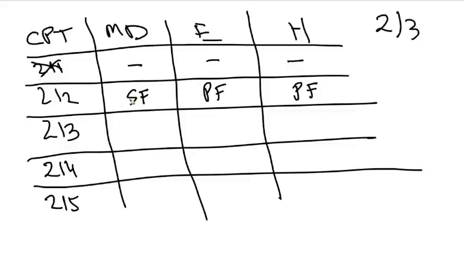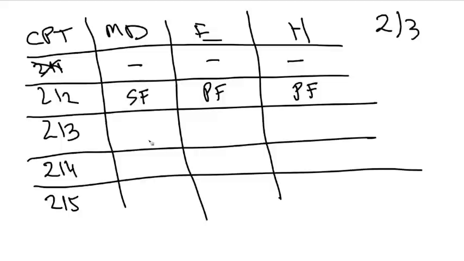You cannot have too much discrepancy between the level of the medical decision, either straightforward or low or moderate or high, and claim that you did the work. For example, you cannot have a straightforward medical decision and claim that you did the work for a 214 or 215 just because you have time to do it. So this doesn't fly. I would recommend that the medical decision should almost always be either at the level of the code that you are using or a little higher, or in rare situations a little lower, but not more than 1 step lower.